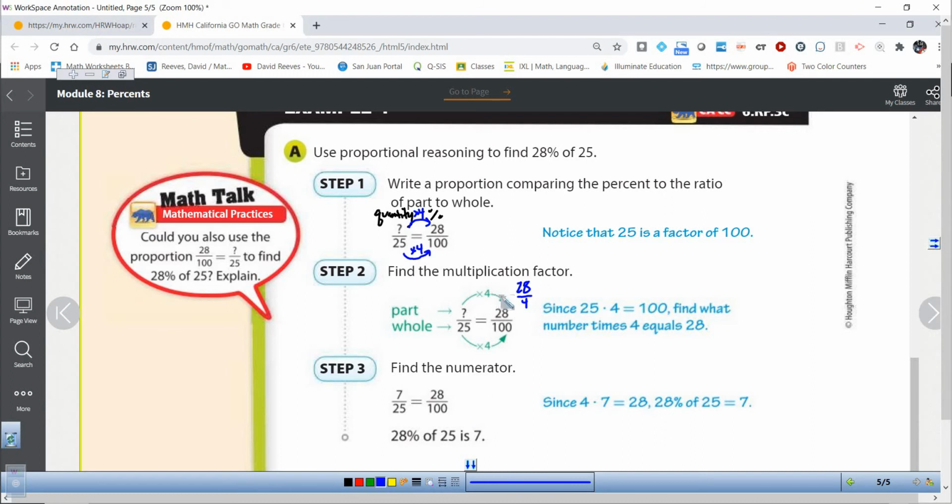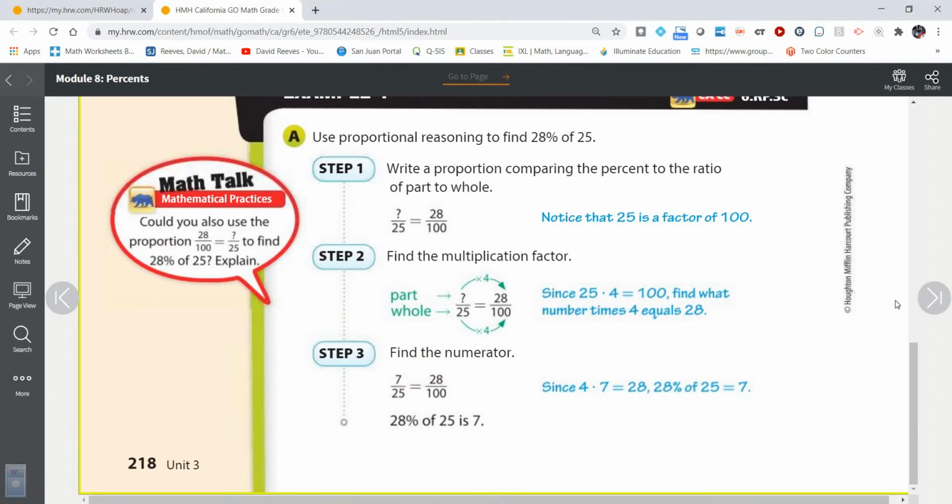So once you know that equivalency factor, you divide the part you know by the equivalency factor, and you will get the missing part. So 28% of 25 is 7.